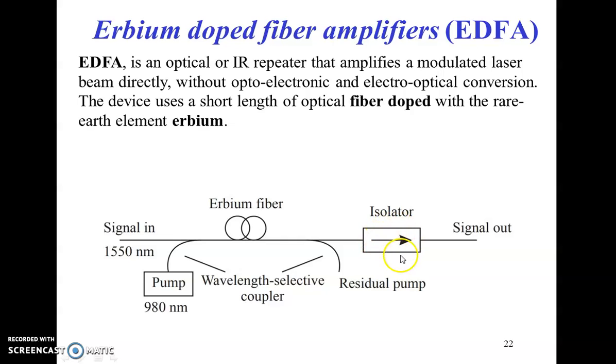Usually an isolator is used at the input or output of an amplifier to prevent reflections. So this is used to prevent reflection into the amplifier.